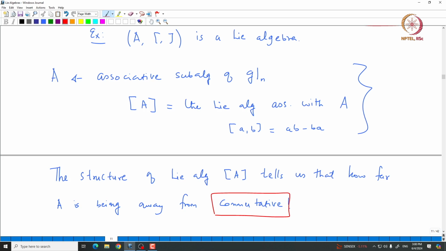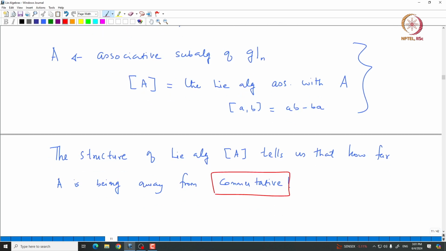If it is, for example, semi-simple, then definitely this Lie algebra is far away from being abelian. That means the corresponding associative algebra is also very far from being commutative. Okay, I will stop here.